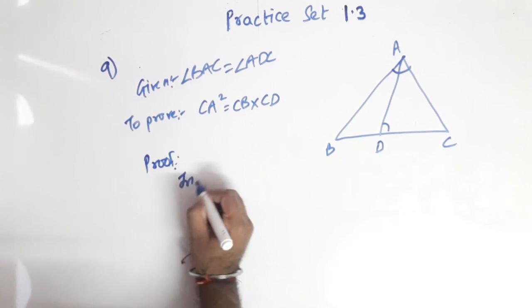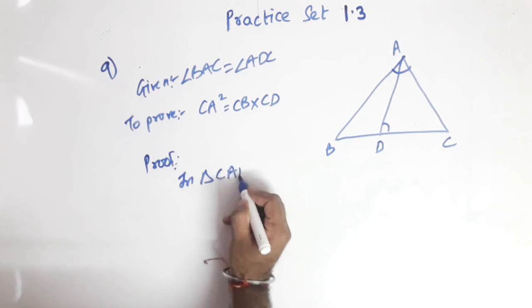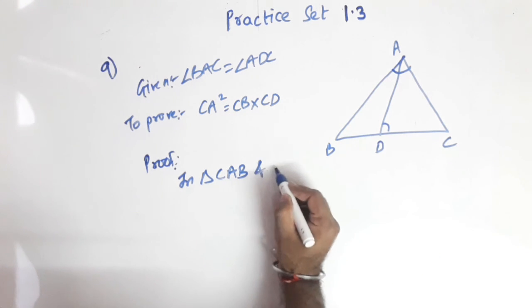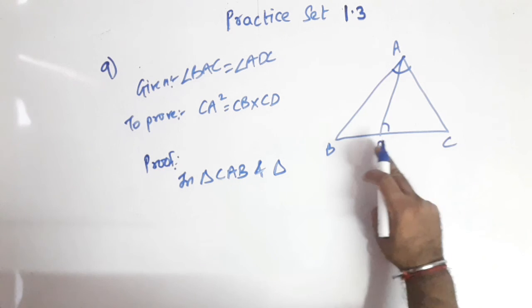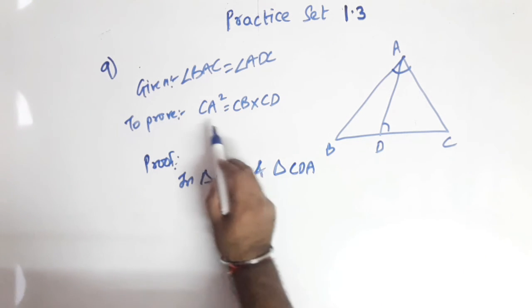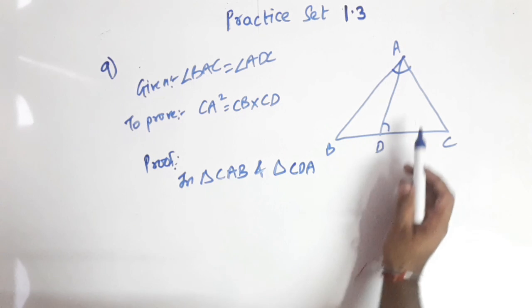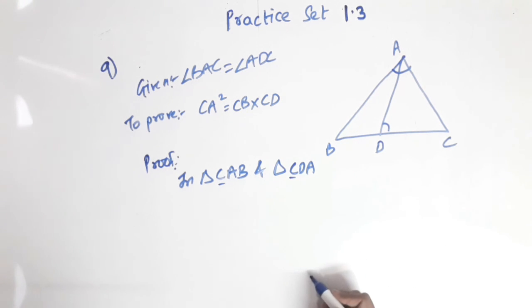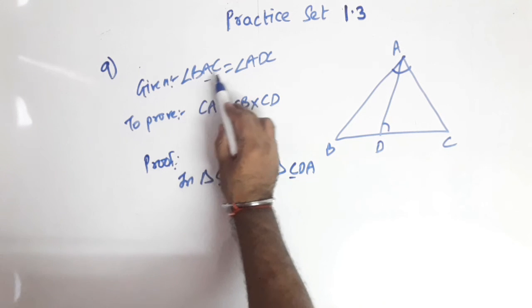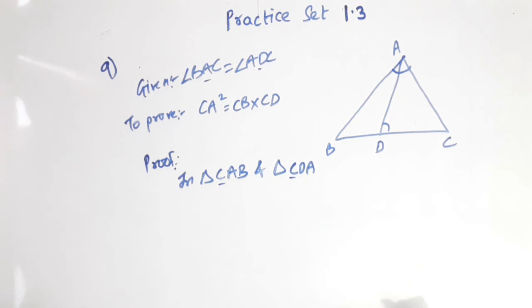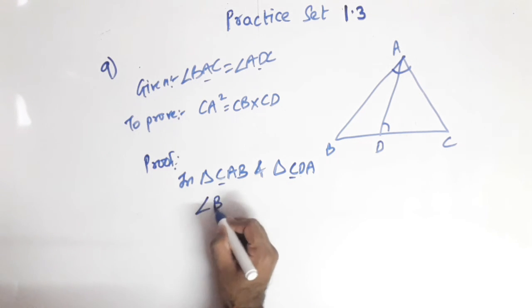In triangle CAB, the bigger triangle, and triangle, I'll not write CAD, I'll write CDA. Why? Because I am going as per the angles given, the vertices. C is common in both, then the congruent angle is A and D. Then what is given, I'll write first.